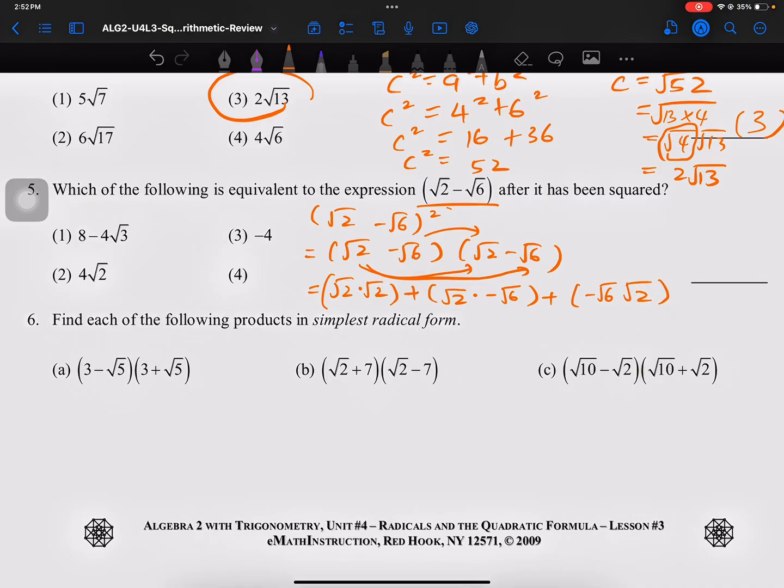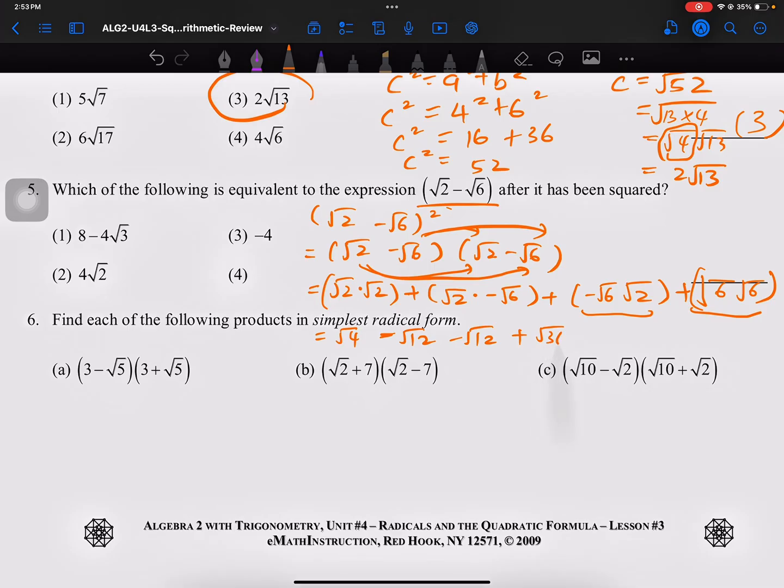And then the last one is minus times minus, which becomes plus, square root of 6 times square root of 6. Then we multiply: square root of 2 times square root of 2 is square root of 4, which is actually 2. Then plus and minus becomes minus, so square root of 2 multiplied by square root of 6 is minus square root of 12. So this one is minus square root of 12 again, and this one is plus square root of 36.